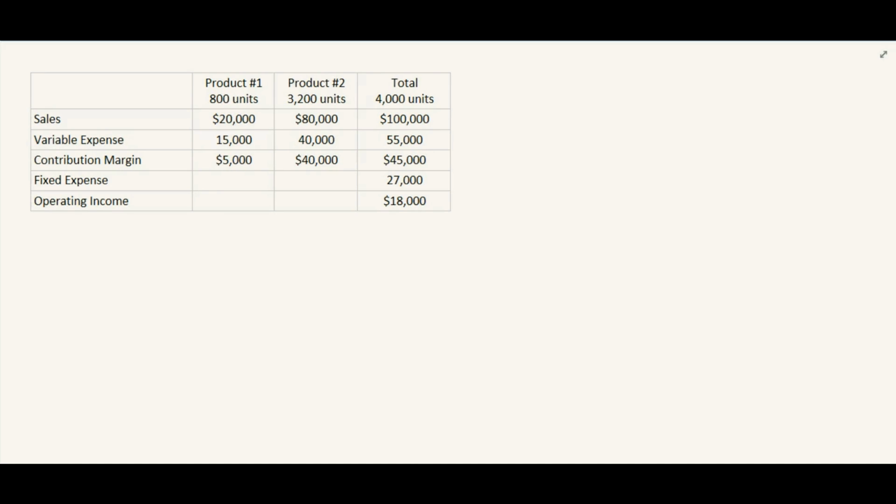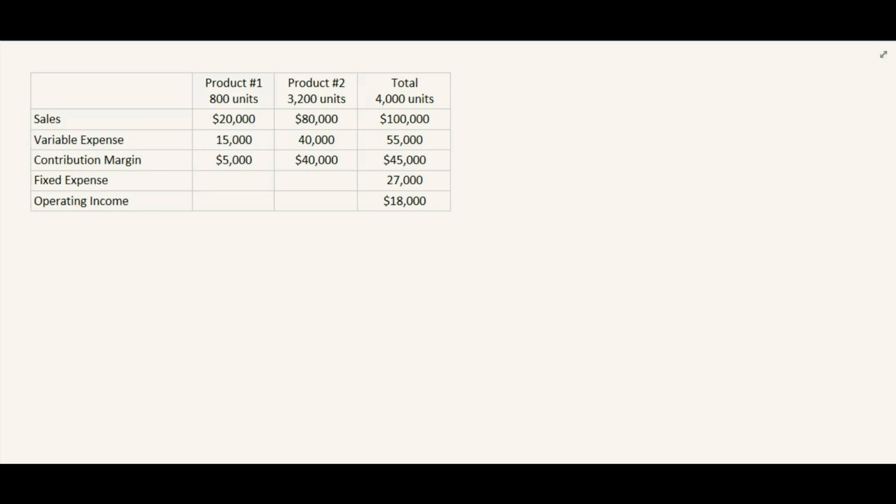So let's see. Let's assume that we have a company, and here's the income statement contribution format for this company. So we have sales for the first product, 800 units for $20,000.